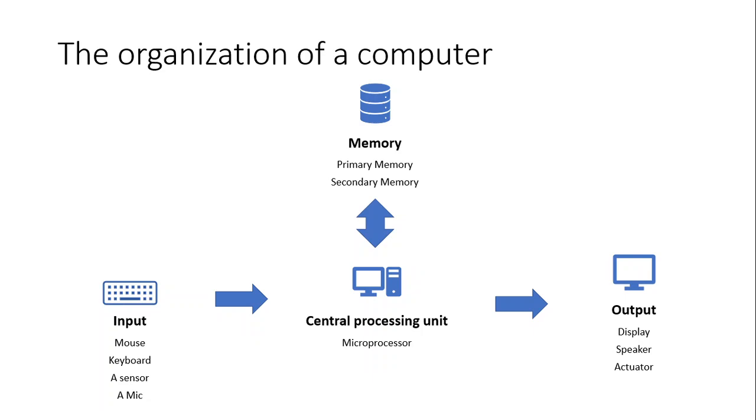Any computer, any digital electronic device, if it has some sort of mechanism to get input, to store that input or data in some form of memory, and has a microprocessor that can process that data by executing a program stored inside this memory, and it can then show you the results in some form, on a display, on a speaker, by turning on a compressor or a heater or a fan, or by turning on some other motor, any actuator kind of thing, that means it has output.